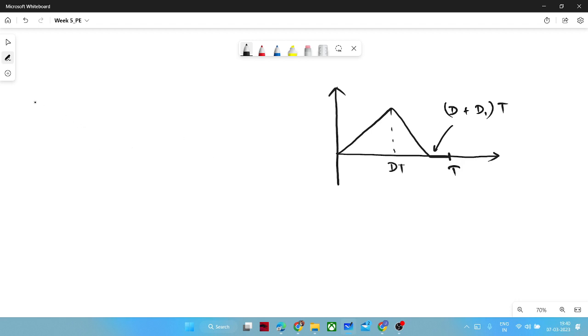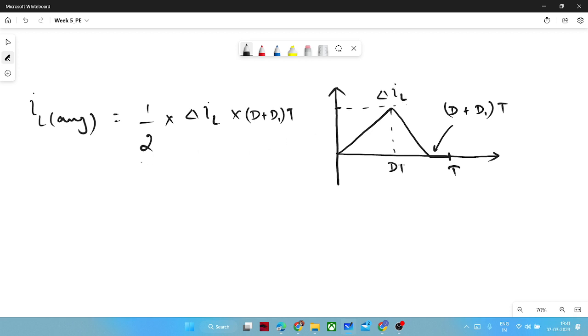So what will be IL average? It will be area, and this peak value is del IL. So half into del IL into D plus D1, into T, divided by T.